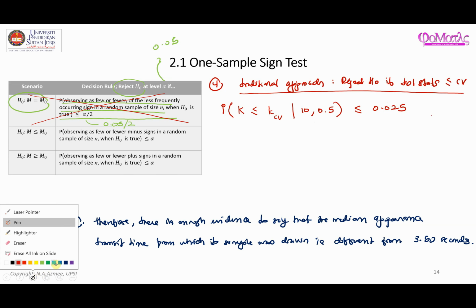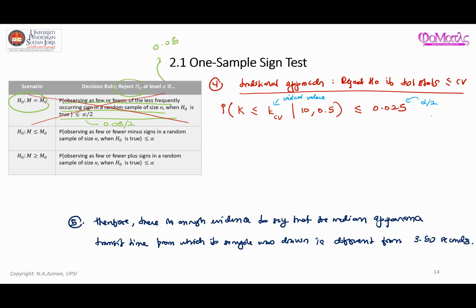So what is 0.025 here? This is clearly from alpha over 2. So 0.025, and this is the critical value. So we want to find the point where the probability of observing k less than or equal to some value will be about 0.025 or less. So what we need to do is, if you want, you can check the table of binomial probabilities.